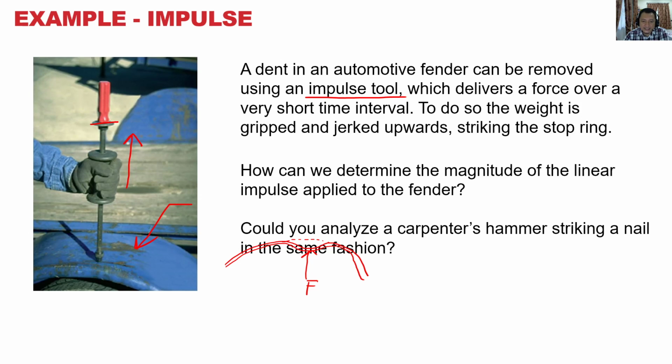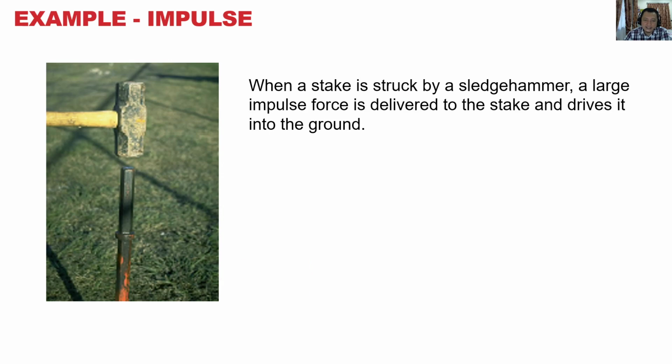So things like that. Next, for example, if you are hitting with a sledgehammer, you are creating a large impulse force to the ground. You're trying to break the concrete or cement on the ground.